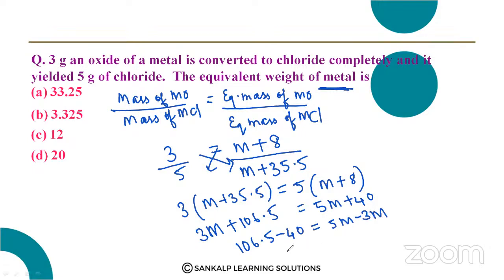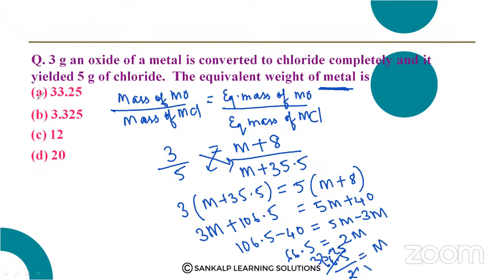So 106.5 minus 40 comes to 66.5 equals 2m. So 66.5 divided by 2 equals m. The answer comes to 33.25.